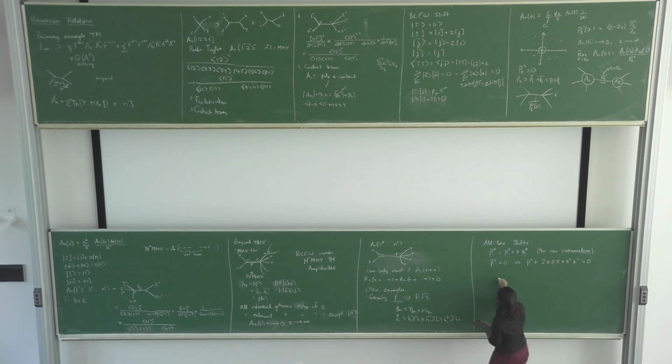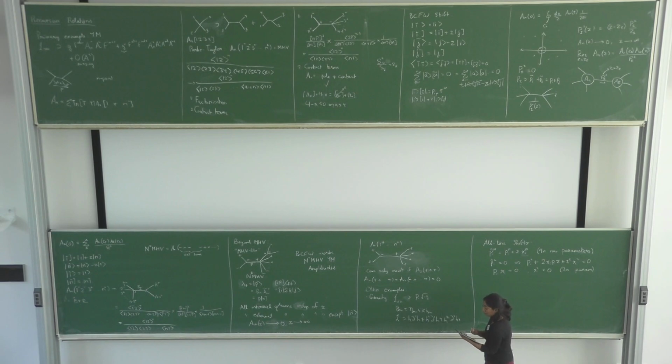So there's one condition for each i. This means that p_i dot r_i equals 0, which is what Lance was saying before, and r_i squared equals 0. So this is 2n conditions on the new parameters that we introduced, r_i^mu.